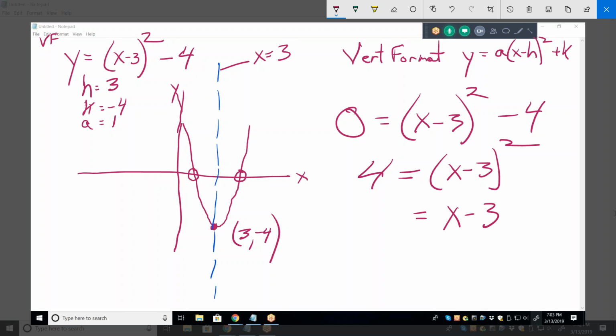What's the square root of 4? 2. Okay, that's half right. Remember, I'm looking for 2 solutions. I can see my parabola goes through the x-axis in 2 different spots. So what really is the square root of 4? Besides 2, what other number multiplies to give 4? Negative, positive. Exactly, plus or minus 2. Now, what do I do?